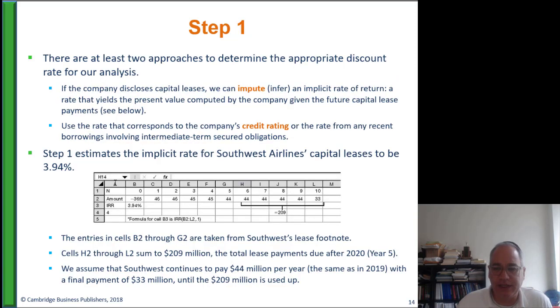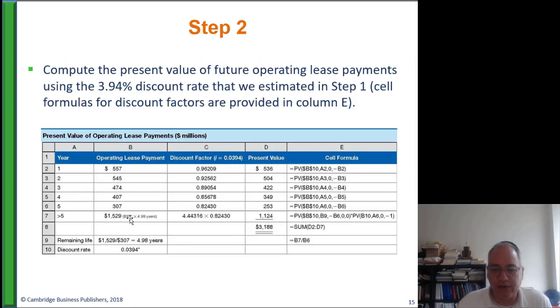I would do it the same way as before and just continue 307, 307, 307 for 5 years until you fill up the full 1529, and then figure out the discounted value of each at 3.94%. So they did something a little more sophisticated here, which is fine. And they get a present value of 3188.